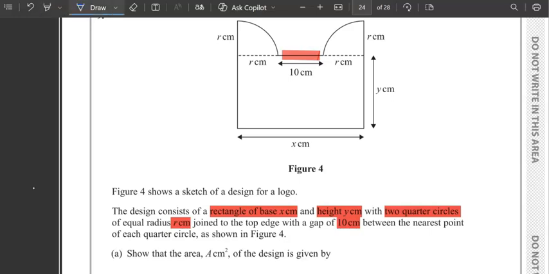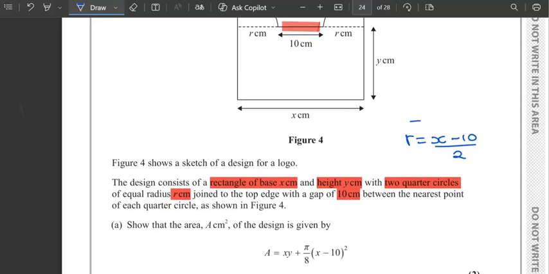So here we can say that the radius, not 10 minus x, but radius is x minus 10 everything divided by 2. So that is simply the radius.